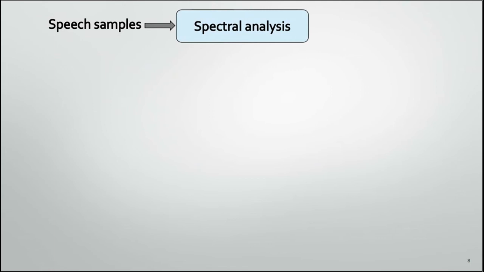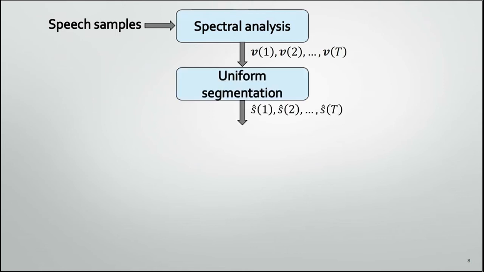So this is our first stage of speech processing. We are going to train, eventually, hidden Markov models. So initially speech samples are obtained, and then spectral analysis is done to obtain the sequence of output vectors V1 through V uppercase T. And then we assume that uniform segmentation is done so that the HMM is assumed to stay in each state for an equal number of time steps.